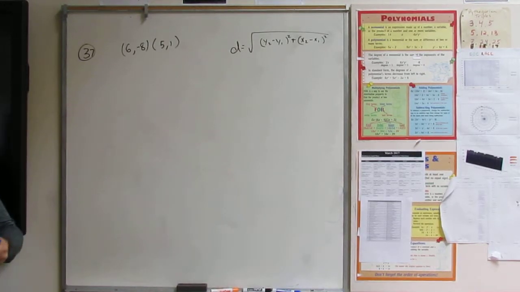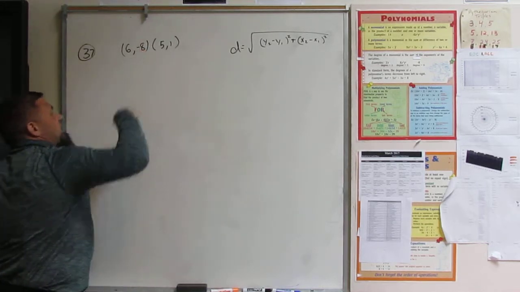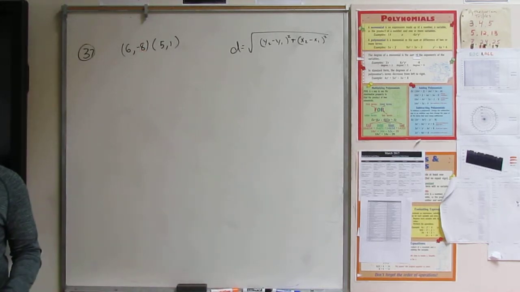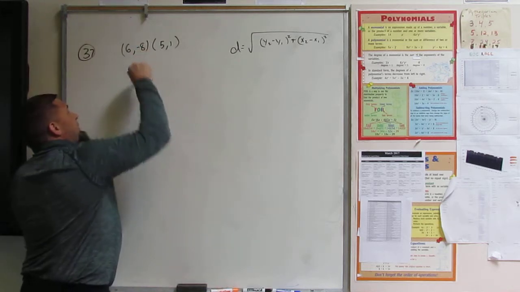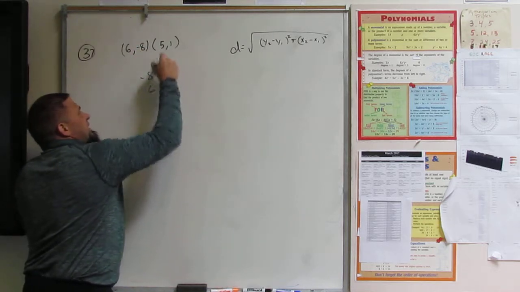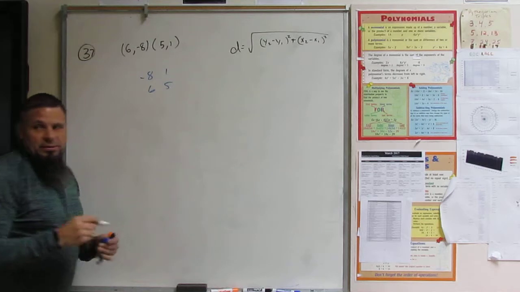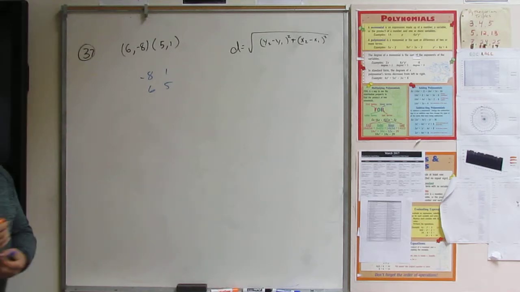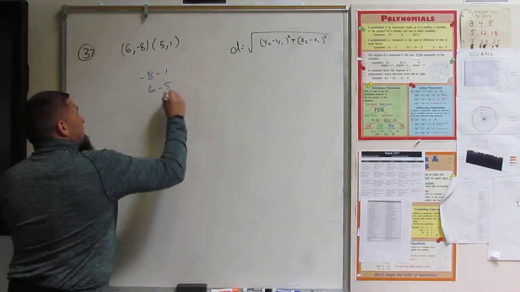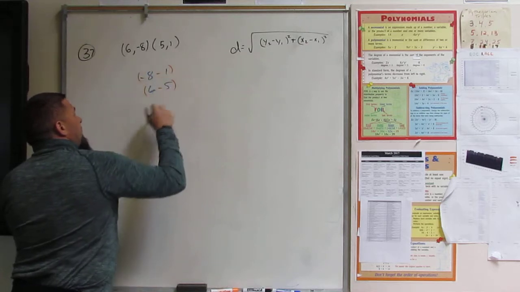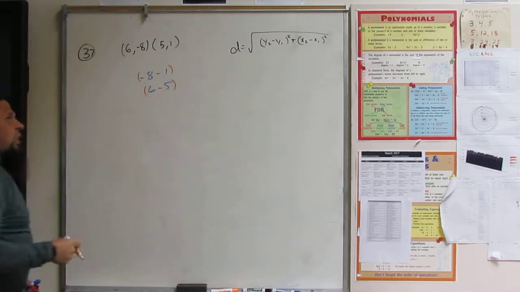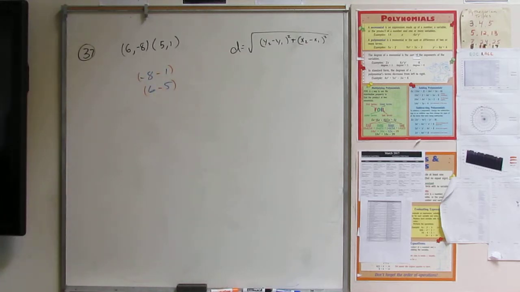So the way I do it is we flip it, just like when we do the slope. Flip it and smack it. Flip it so that we got 8 over 6, 1 over 5. Smack it, and then we square them, right? So that's the flip it, smack it, and then rub it down part.